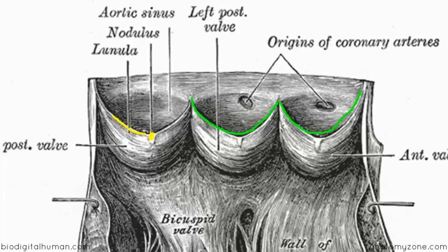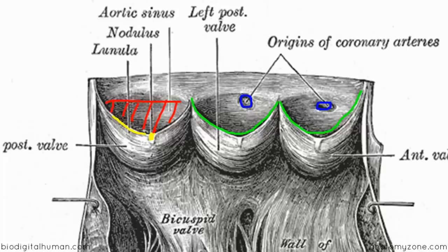And then you've got the aortic sinus, which is this area between the wall of the vessel and the cusp. And in the right and the left cusps, you've got the openings, the origins of the right and the left coronary arteries opening into this sinus.